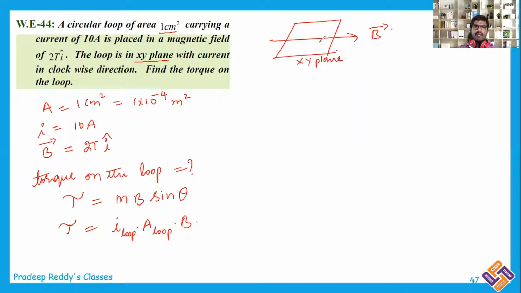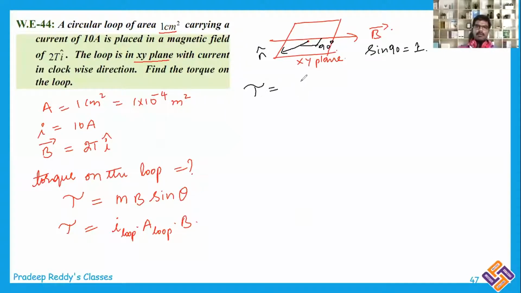The area vector is exactly perpendicular to the plane, and this is n cap. Both are inclined by an angle of 90 degrees. Therefore sine 90 is equal to 1.